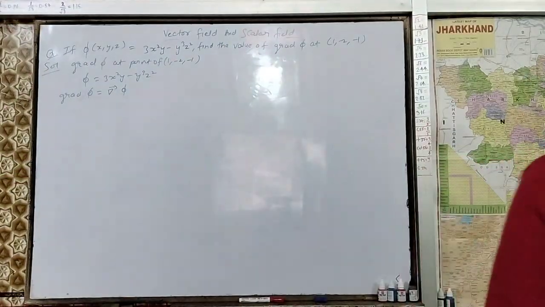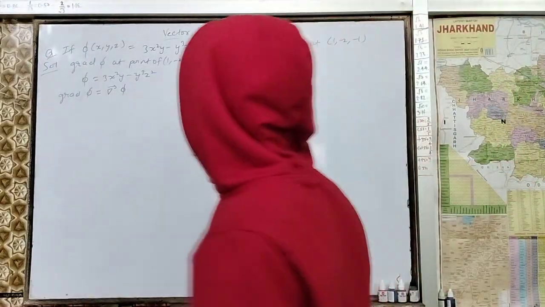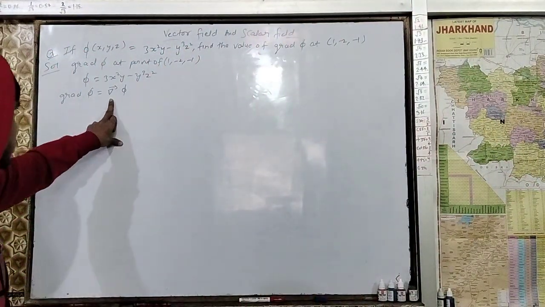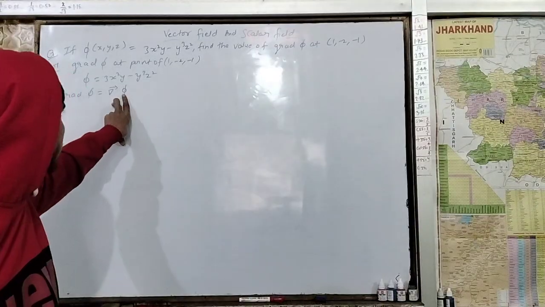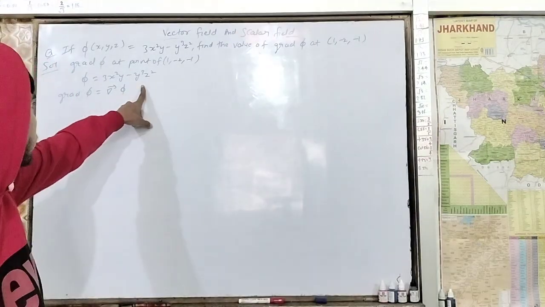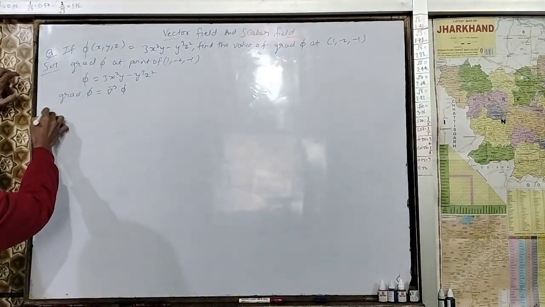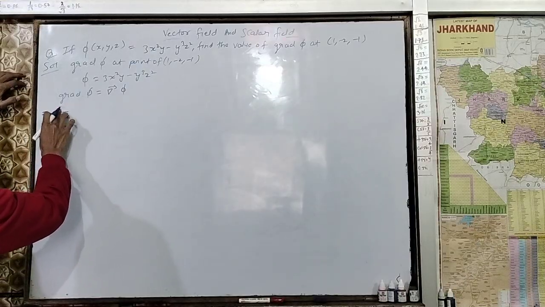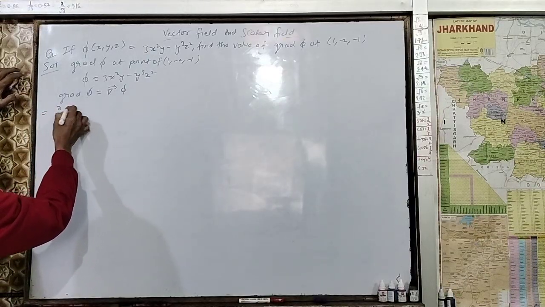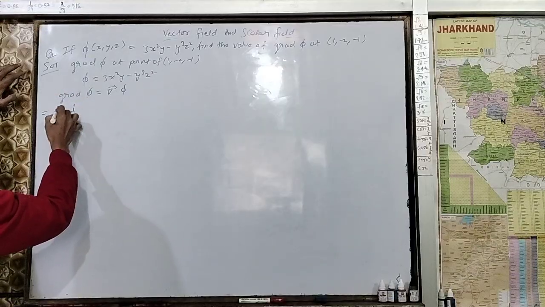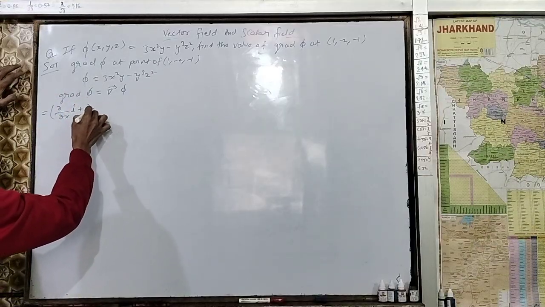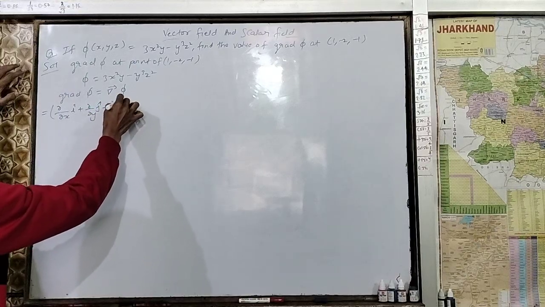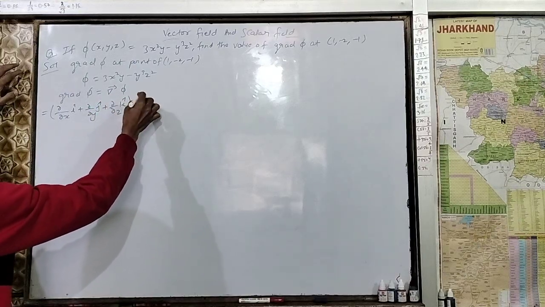Now we will just substitute the value of the del operator and the value of phi given over here. So this will be equal to d upon dx i cap plus d upon dy j cap plus d upon dz k cap dot phi.